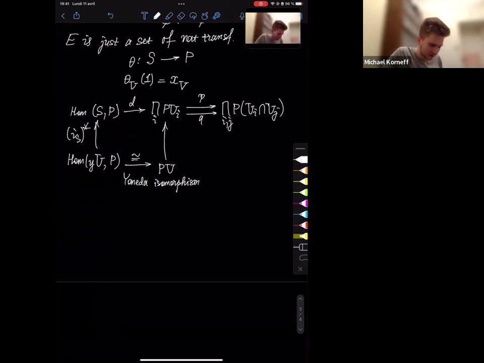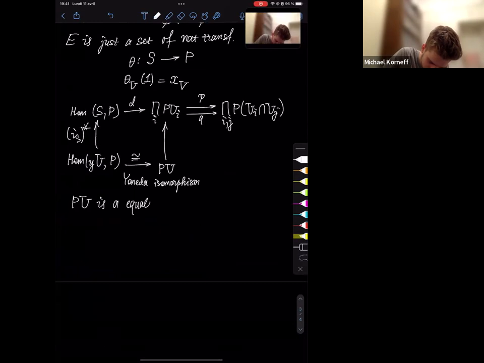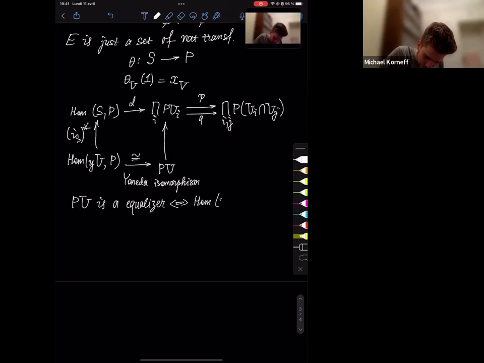Okay, thus the condition that P(U) is an equalizer is the same as the statement that we have an isomorphism.